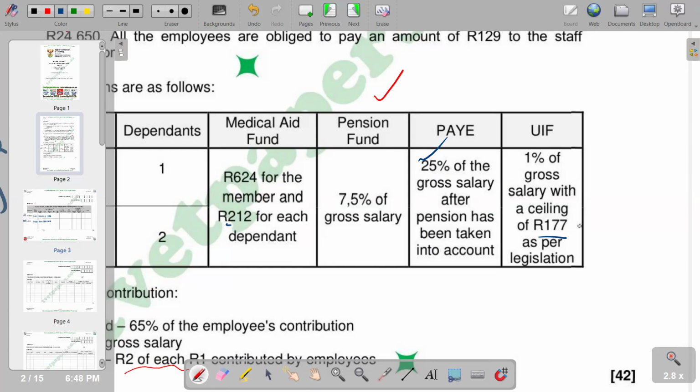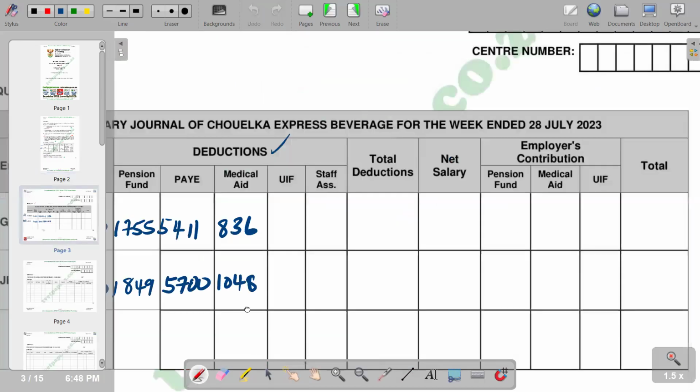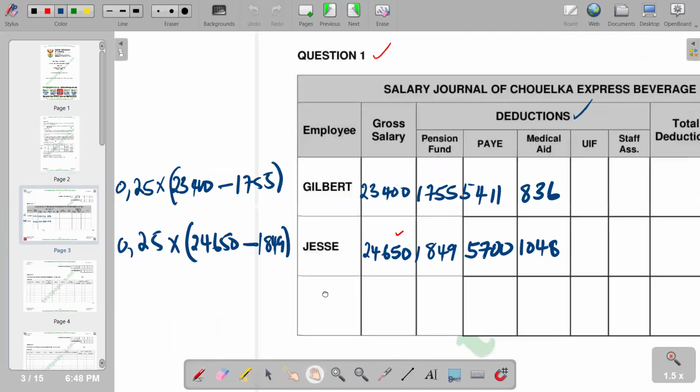They are not taking anything that is above 177. So in this case, we'll try to see what we have in terms of the UIF for the first worker, which is Gilbert.